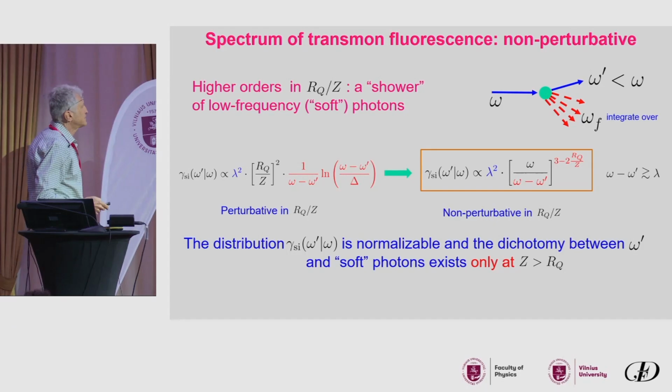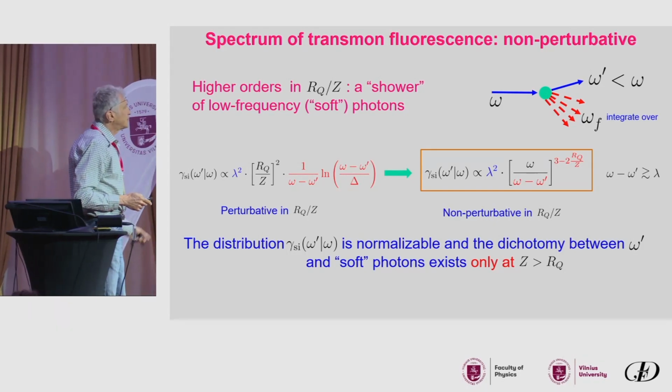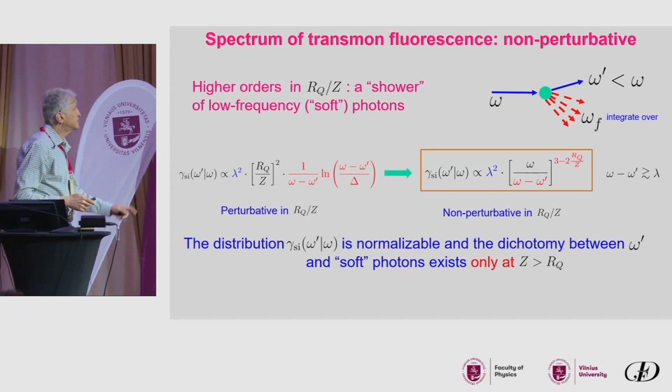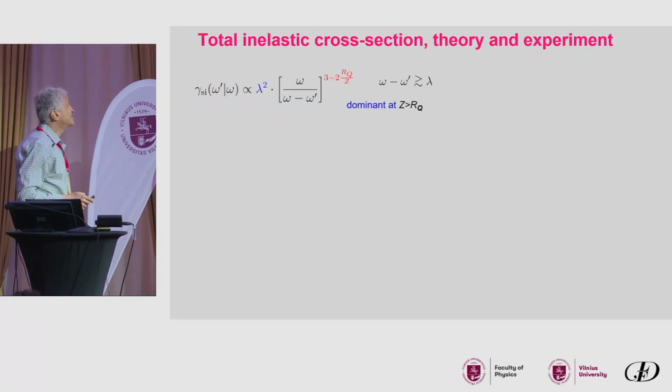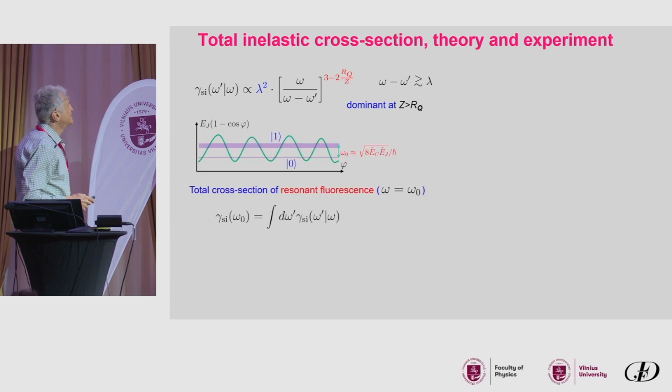But what was done in the experiment by the group of Manu Devoret at that time at Maryland University was a bit simpler. So this is what we would like to see. But what they were able to do is to shine photons at resonance and look at the total cross section of resonant fluorescence, so basically integrating over all the outgoing frequencies, including omega prime.